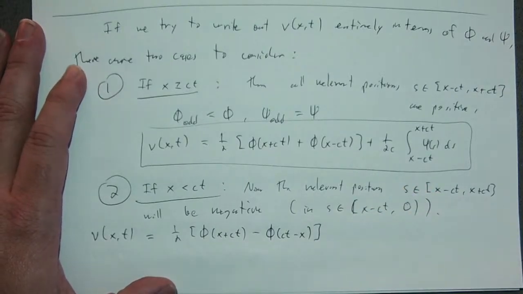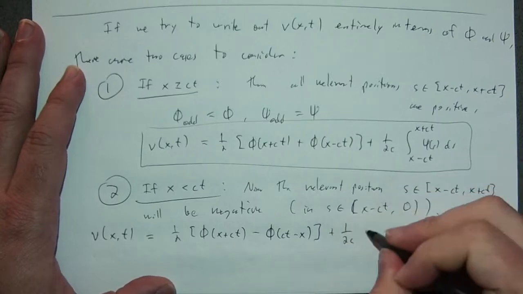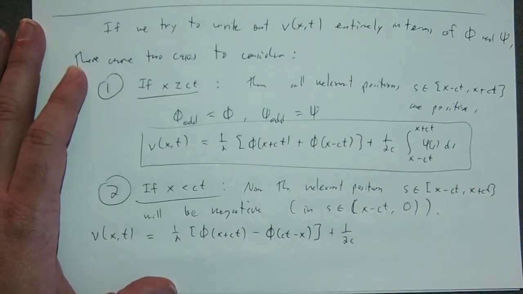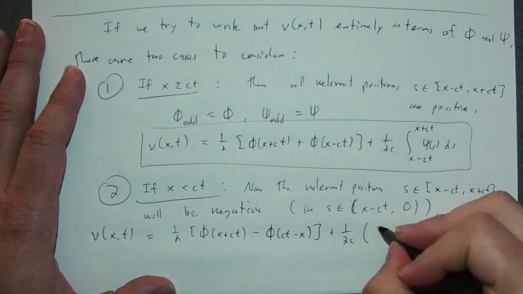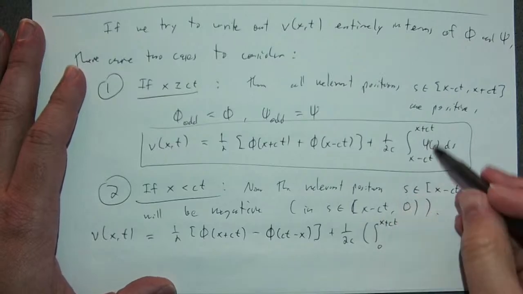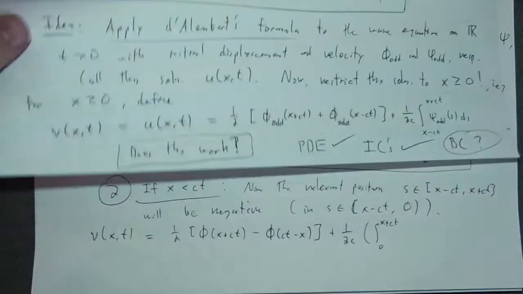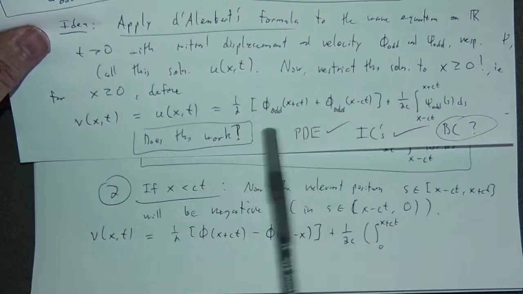Okay, plus 1 over 2c times, I need to split up the integral now, right? I have the right half of the integral, it stays the same. So this is the integral from 0 to x plus ct. I don't know why I'm pointing at this. Really, what I mean to be pointing at is something off screen, which has the odd extensions written in.